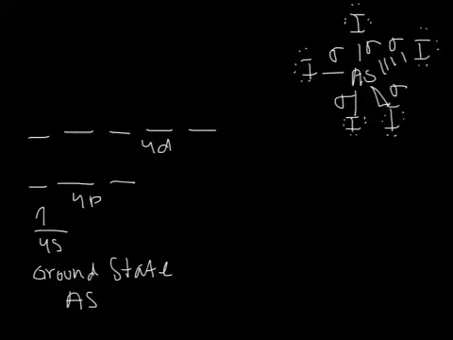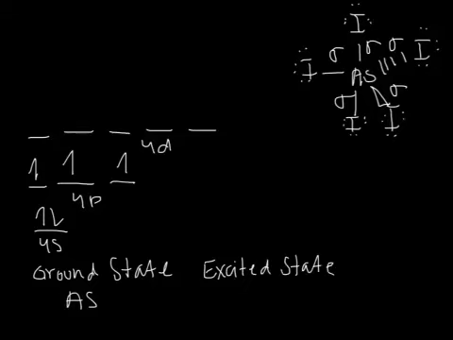Arsenic has 5 valence electrons. This is going to be our excited state. Excuse me, drawing it lower. I kind of ran out of space.